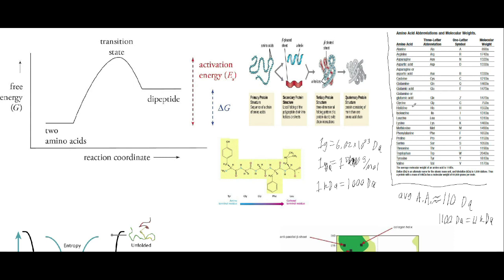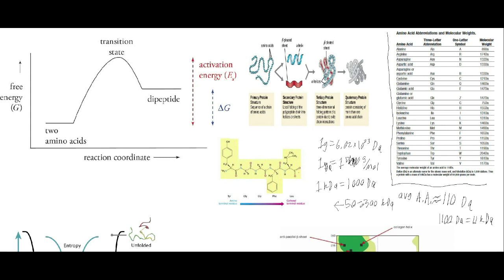A lot of proteins are going to be on the order of 50 to 300 kilodaltons. That seems to be around the average, maybe even smaller, and obviously sometimes larger.